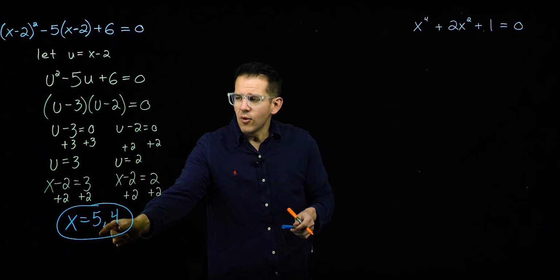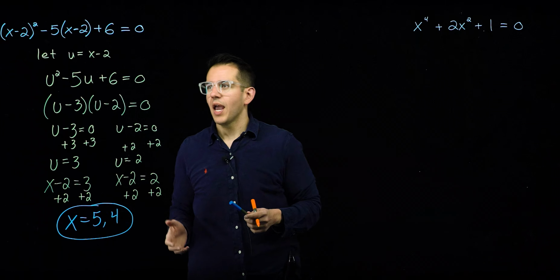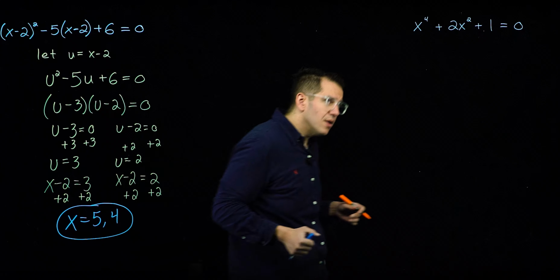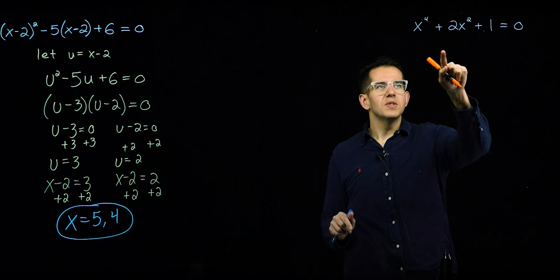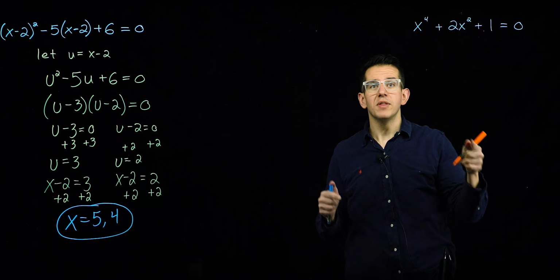So 5 and 4 are the values that solve that original equation. And we did this all with U-substitution. So go ahead and take a moment, pause this video, and see if you can find the u value to substitute in for this equation.